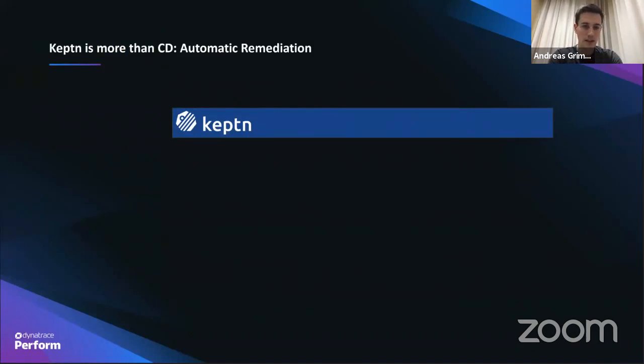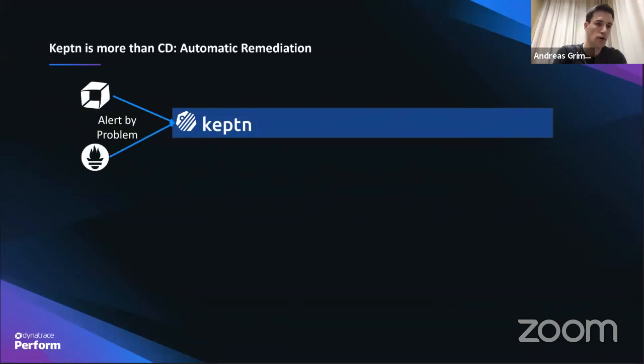This is the use case when there is already the application, for example, in production, and you see that a problem occurred. Next animation, please. For those who are using Dynatrace, you're definitely familiar with problem events which occur when Dynatrace automatically detects a problem. For those who are Prometheus users, you are probably aware of the alert concept.